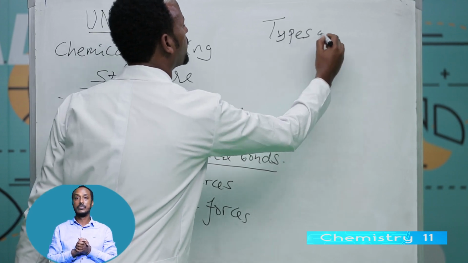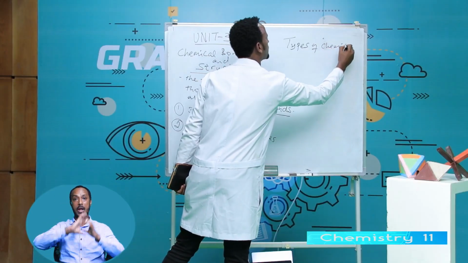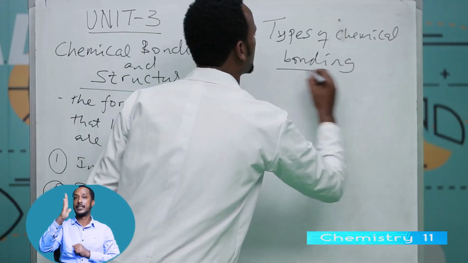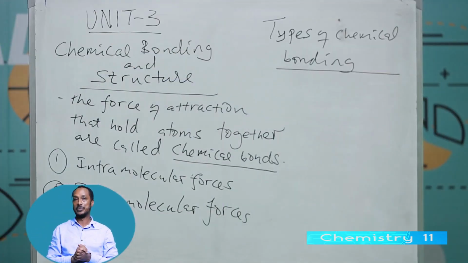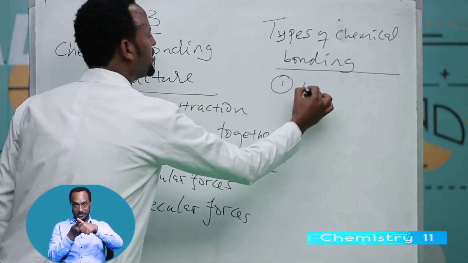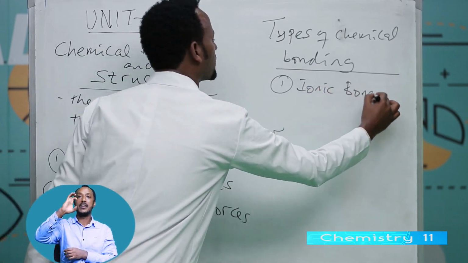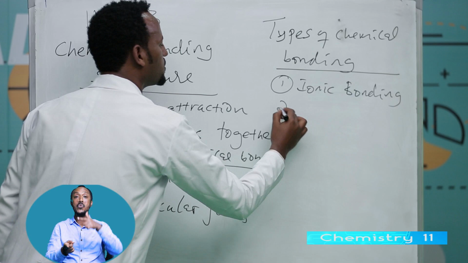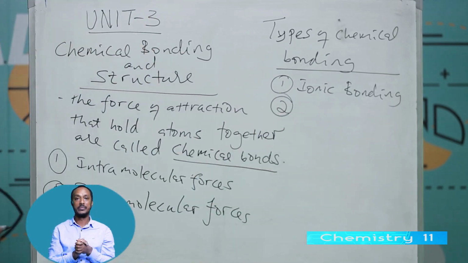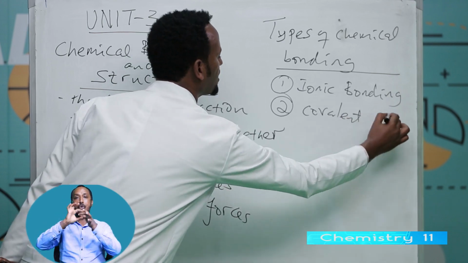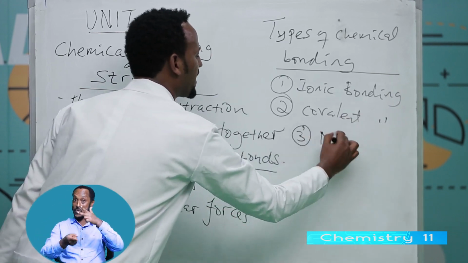Types of chemical bonding. 1. Ionic bonding. 2. Covalent bonding. 3.